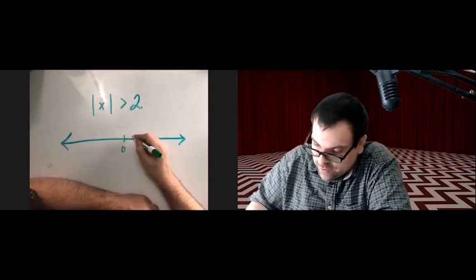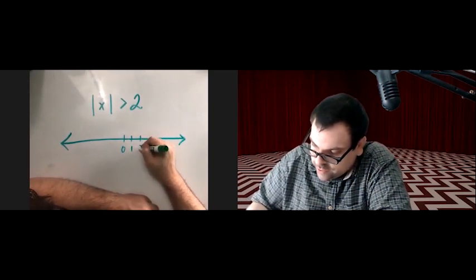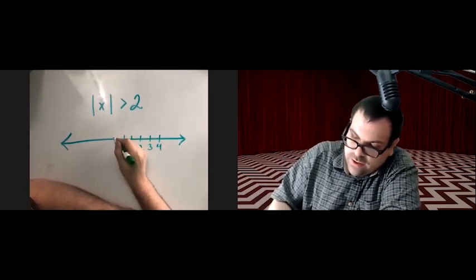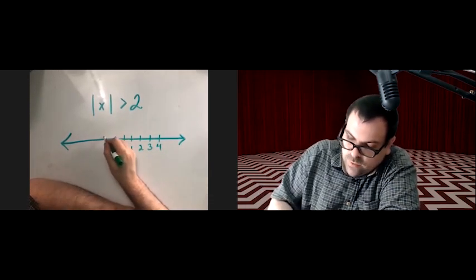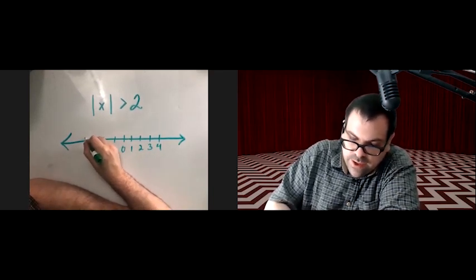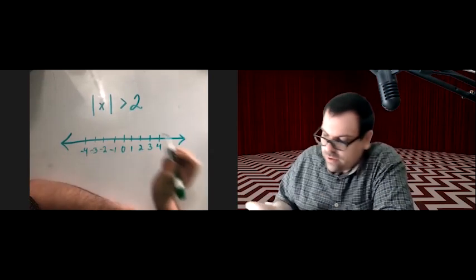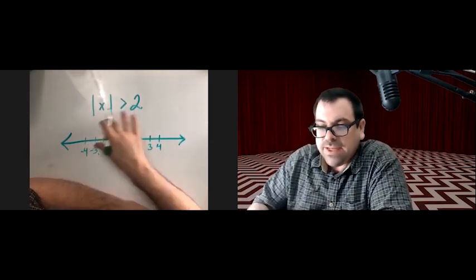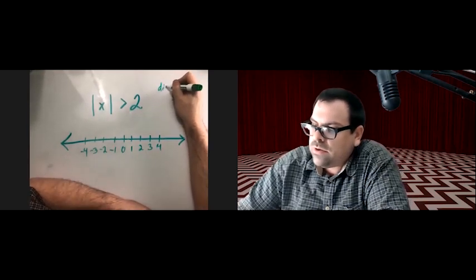So 0, 1, 2, 3, 4, and so on. -1, -2, -3, -4, and so on. Remember, absolute value means distance from 0.